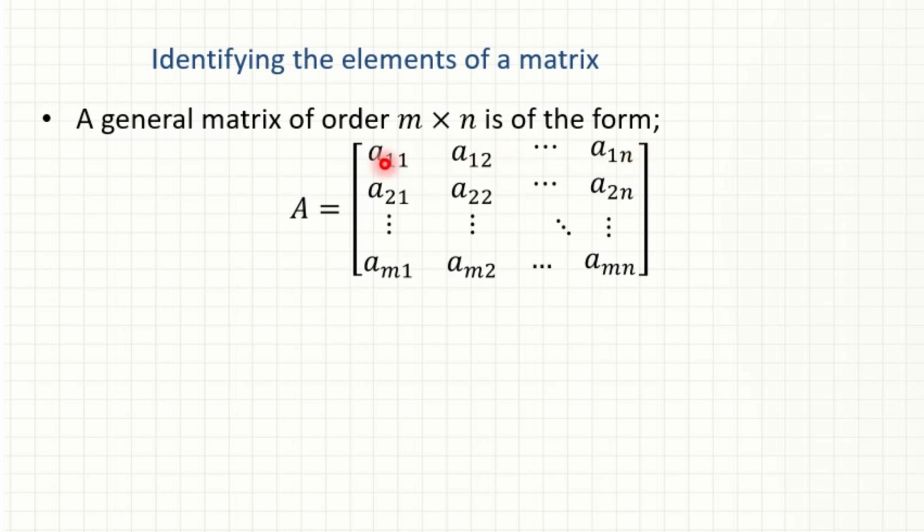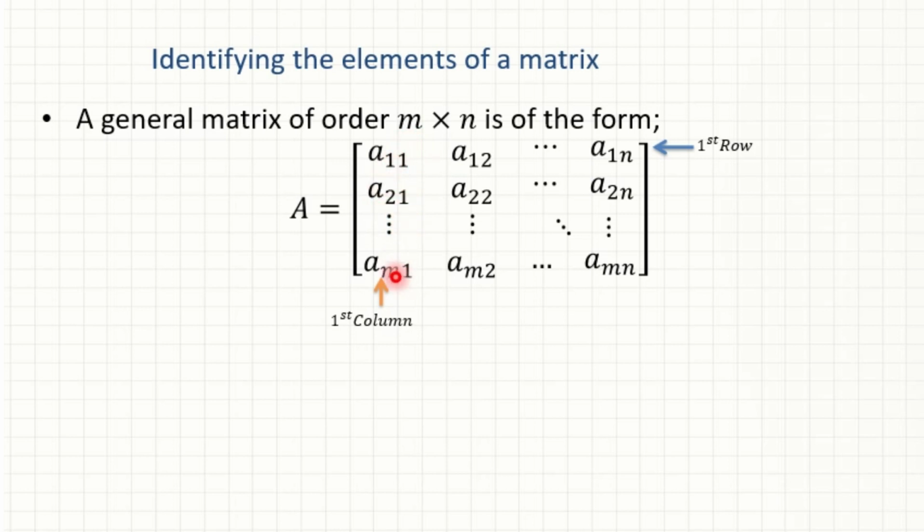For A11, the first number 1 represents the row. It means it's on the first row. The second number 1 means it's on the first column. So this is our first row and this is our first column.